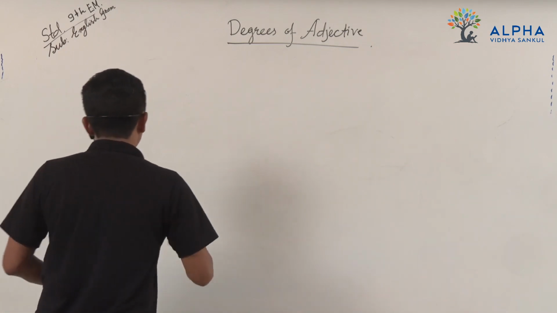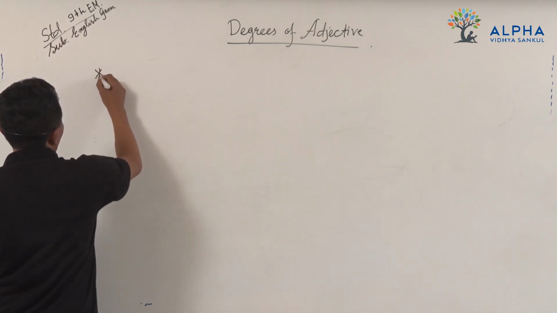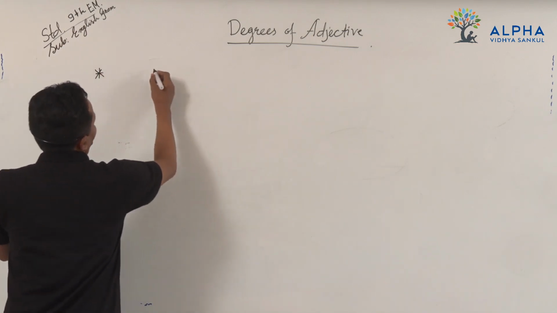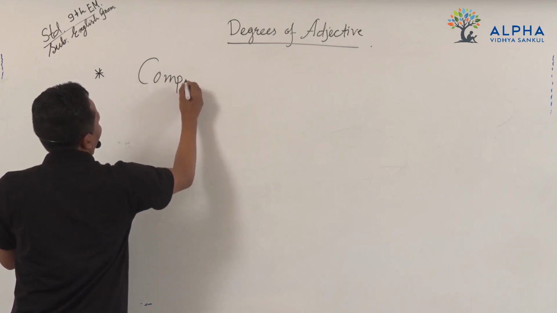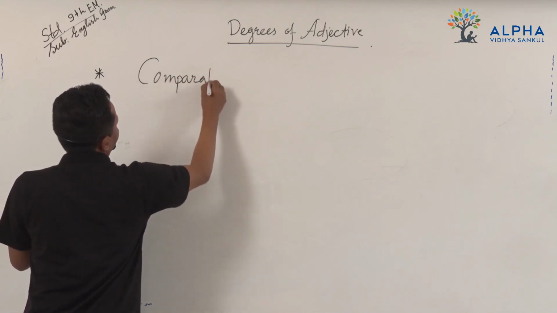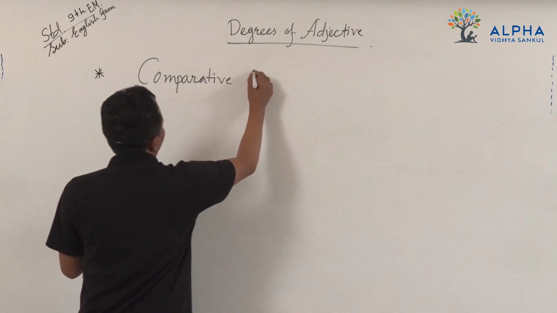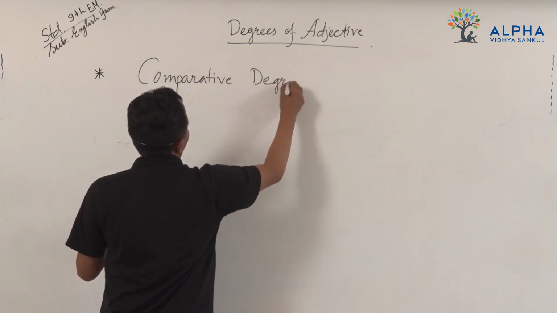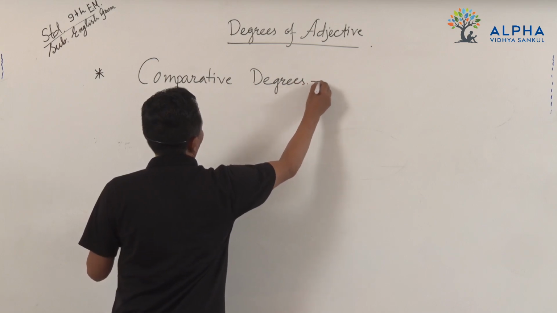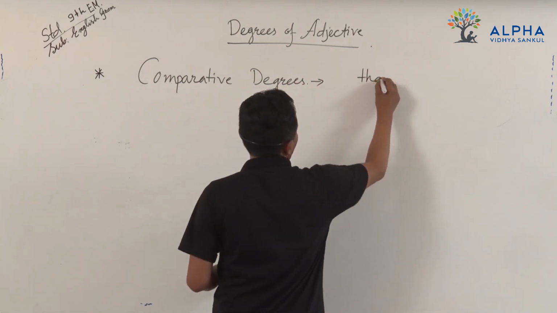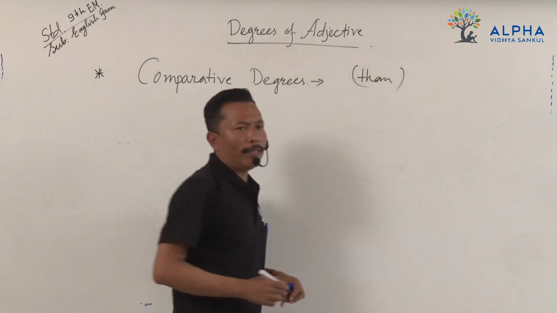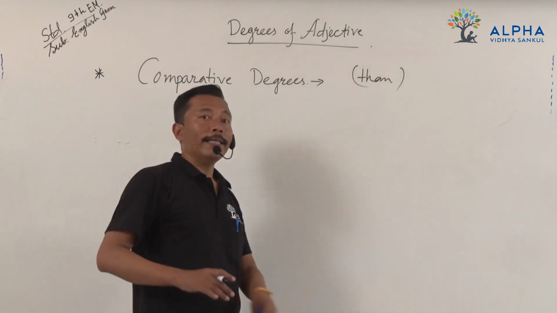But one important thing we have to understand, students: for comparative degrees, we use the word than just after the comparative degree.